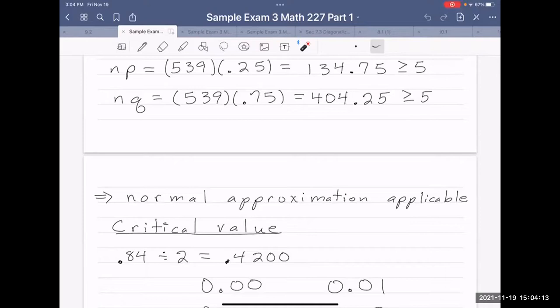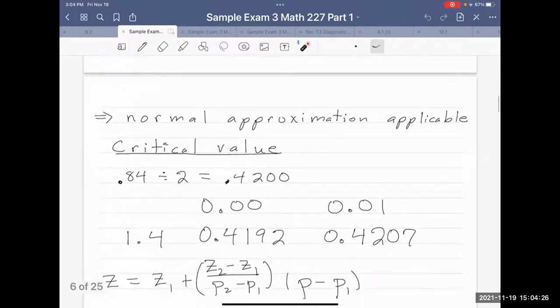So now let me try to determine my critical value. Now I know that the sampling distribution can be approximated by a z distribution. So I'll find the critical z value.